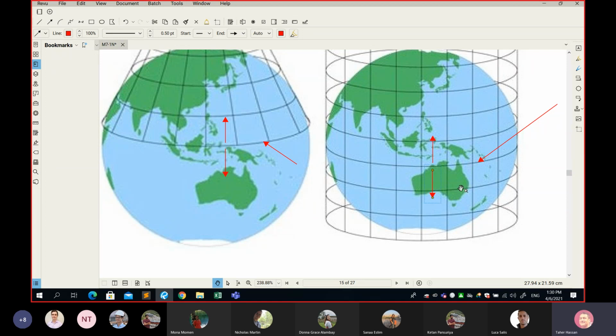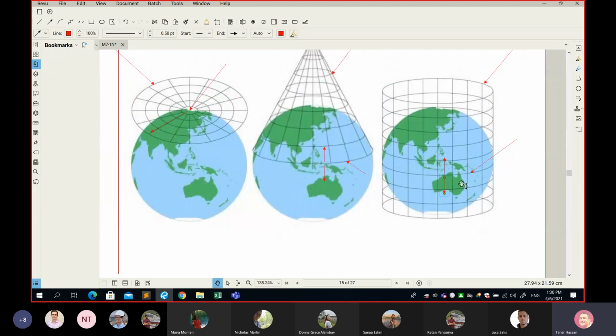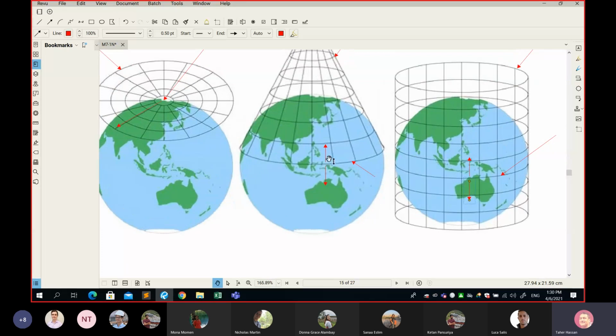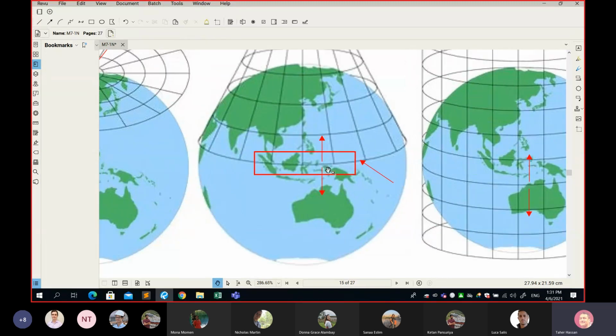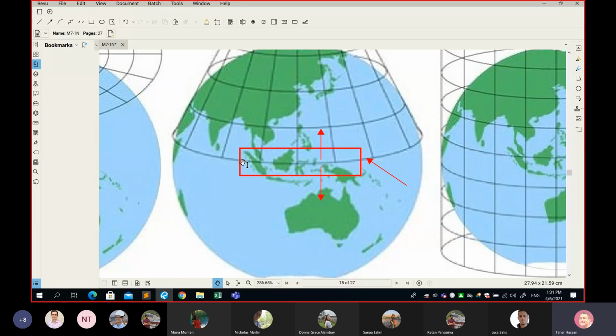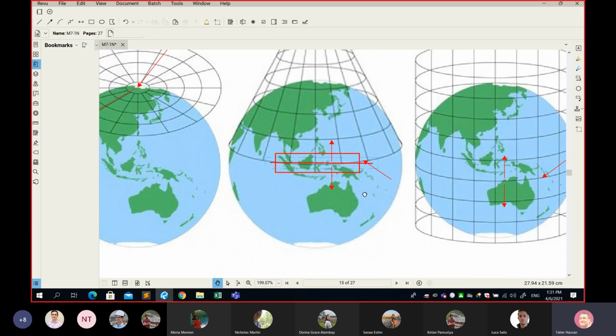For example, if I want to map a country extending east-west, like Russia, then the best is conical, because I'm going to choose one cone that passes through half of the country, like this one here, and this will ensure my distortion will be minimum.